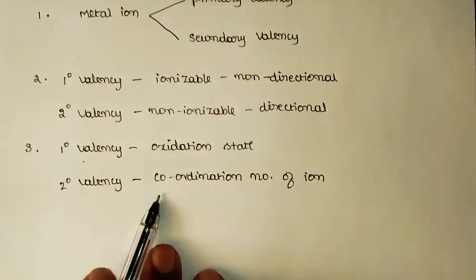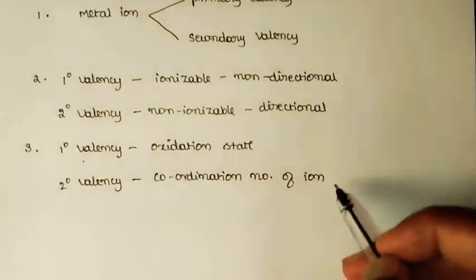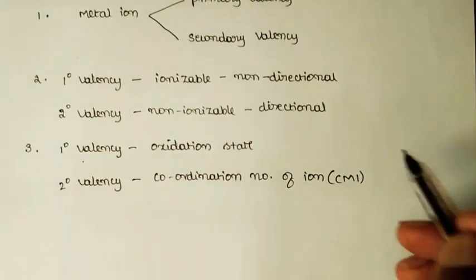Secondary valency corresponds to the coordination number of the central metal ion, that is, CMI.